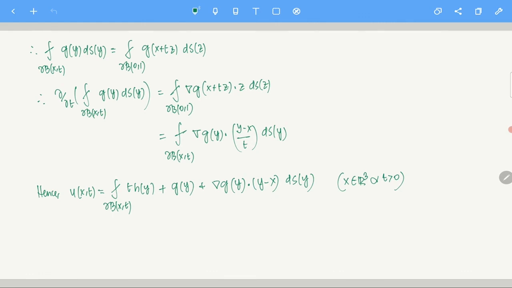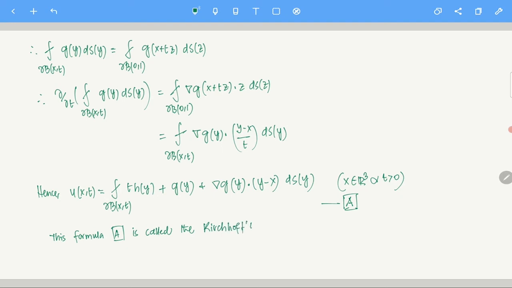So we have this formula, let's call it capital A. This formula, capital A, is called the Kirchhoff formula.